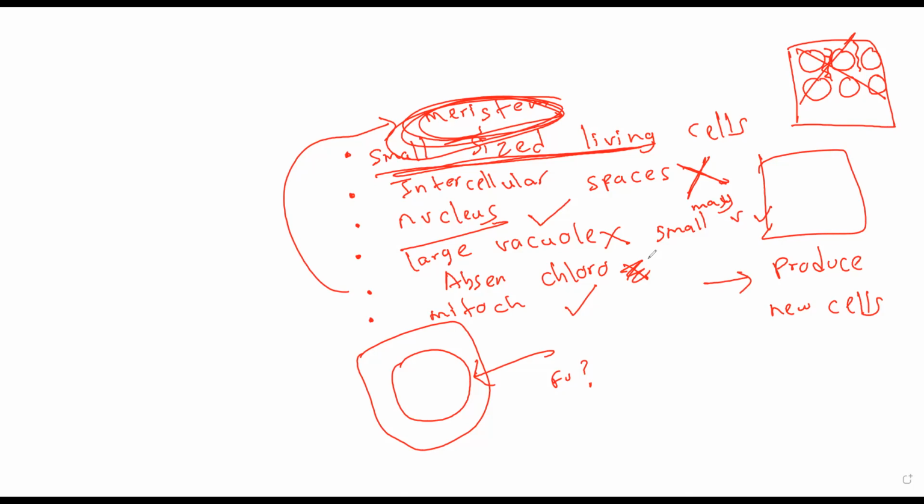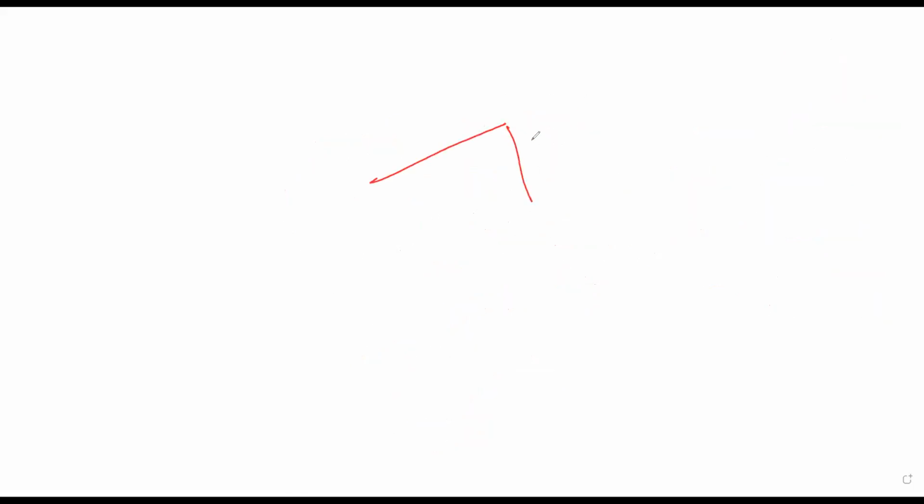Okay, children. Now we'll see the classification of this meristematic tissue. Now you know the features, no? Now we have to see the classification based on the location in the plant, children. In meristematic tissue, there are 3 types based on the location.